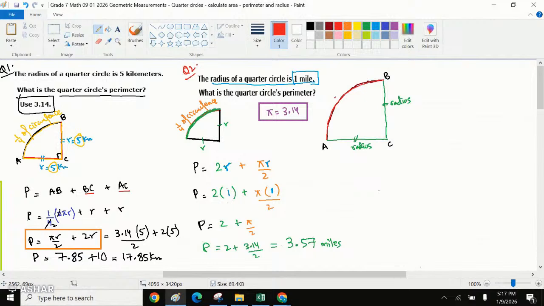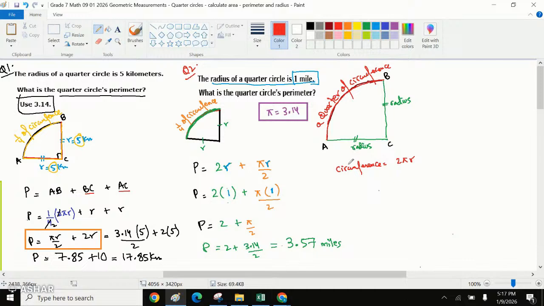It's okay. Let me explain again. For the other students, it will also help. Thank you, Prem. This part is basically a quarter of the circumference. We know the formula for the circumference or the perimeter of a total circle was 2 pi r.